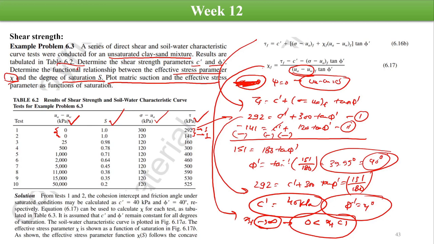For the third one, let me make some space here.